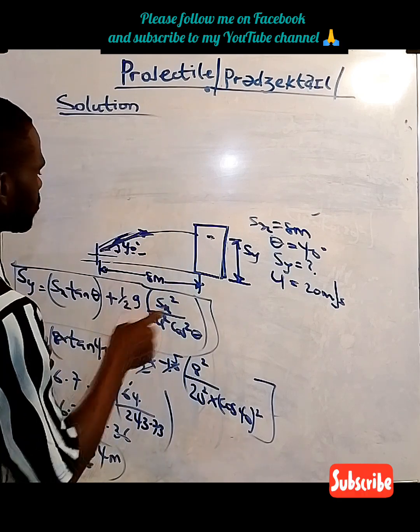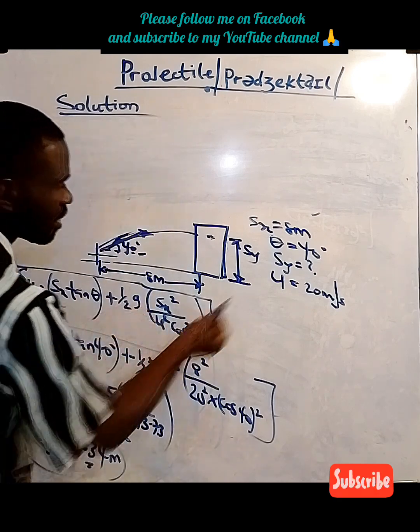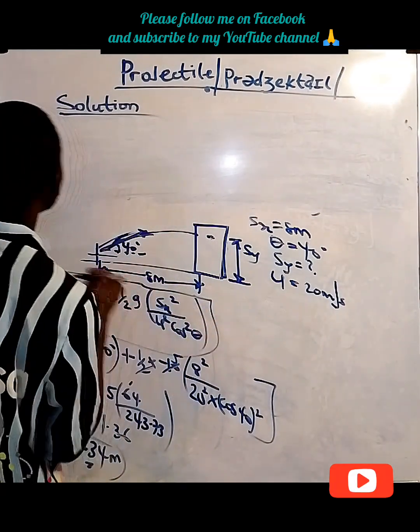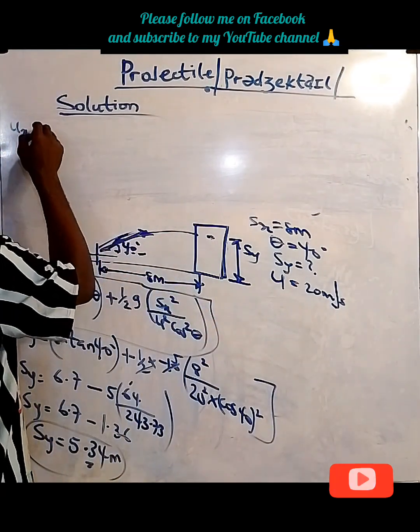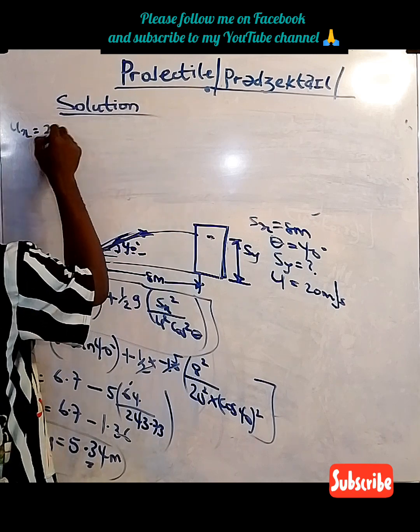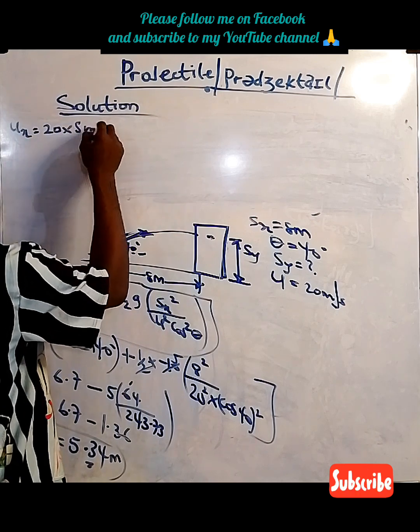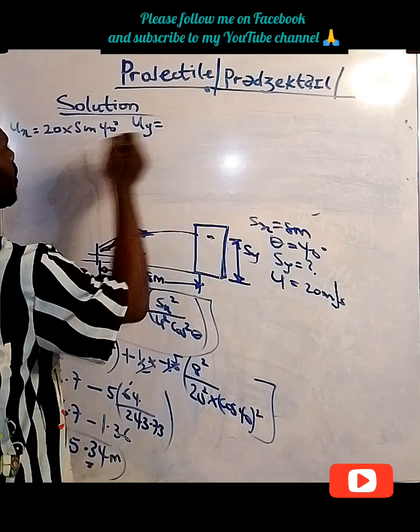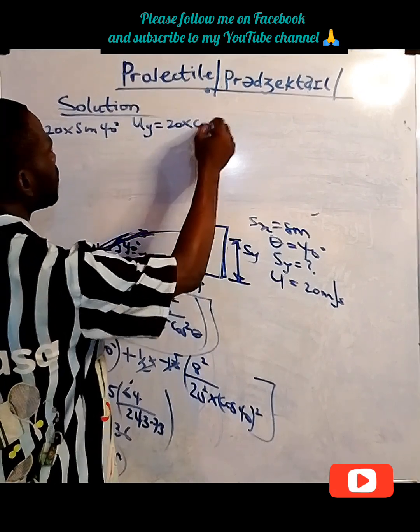Now, simple. Don't forget, you're going to do a resolution. The initial speed is 20 meters per second. So the initial speed along the x-axis is 20 times sine 40 degrees. Don't forget we worked on that already. The initial speed along the y-axis is 20 times cos 40.